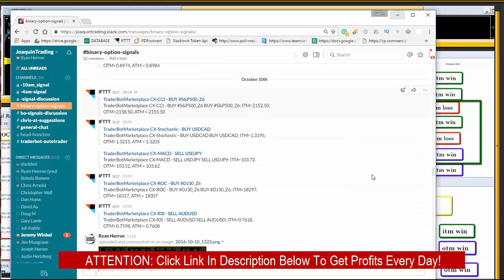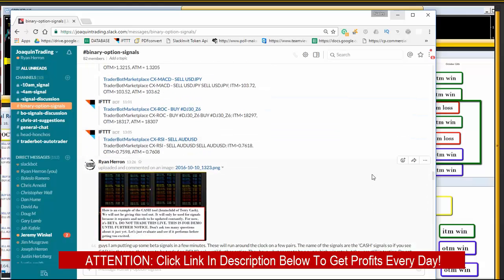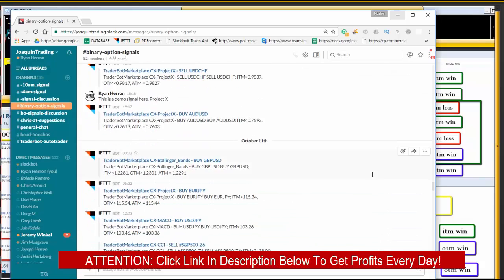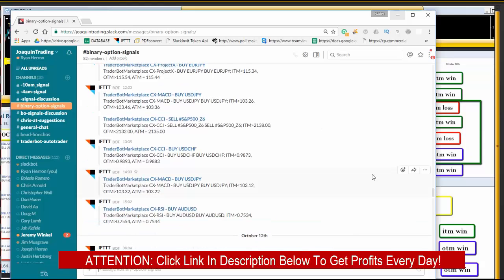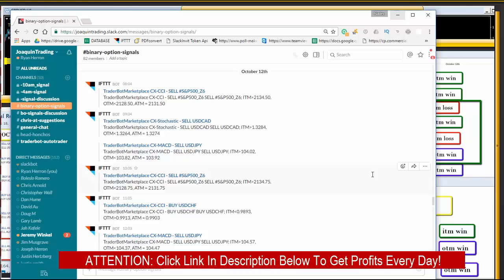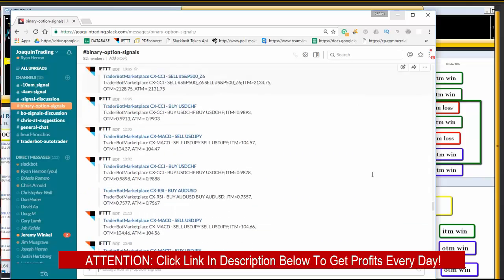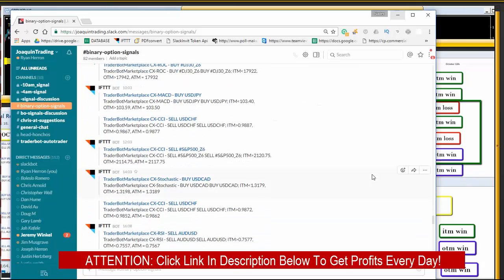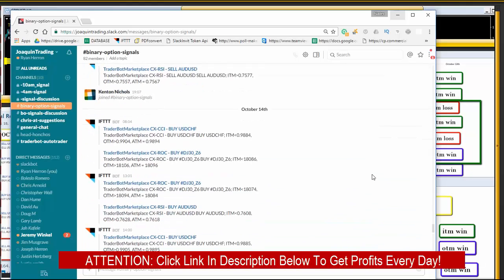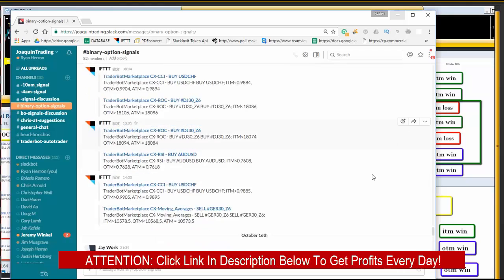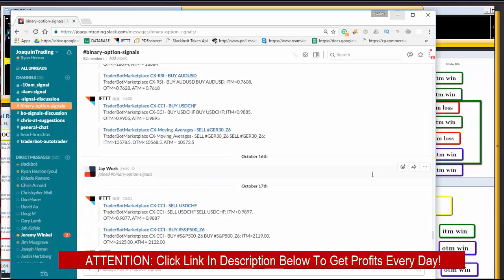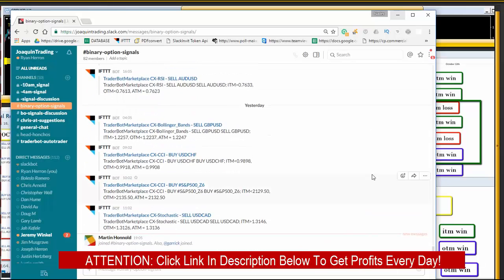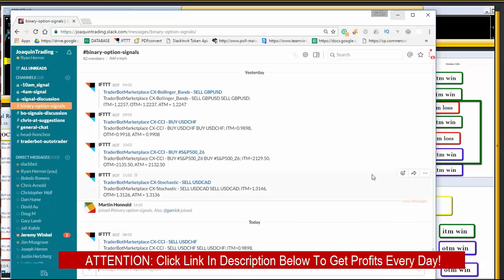And I know I'm scrolling through here too fast for you to write everything down, but you can screenshot these as I pause. And you will see that all the signals add up to what I have posted in the forum. There we go. Oh, sorry. And today.